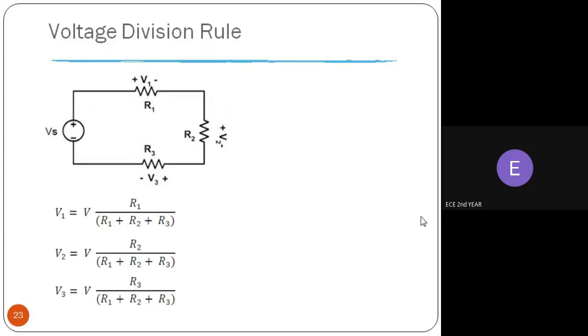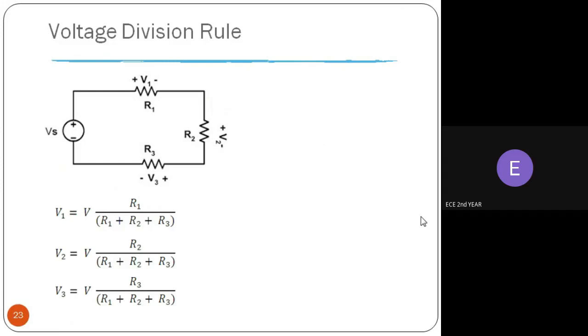Here R1, R2, R3 are three individual resistances connected in a series circuit, the voltage drops across them are V1, V2, V3 respectively, and the circuit is excited with the voltage V.